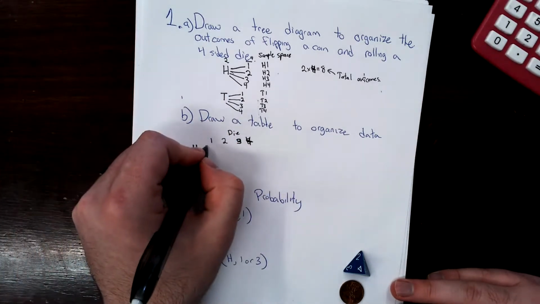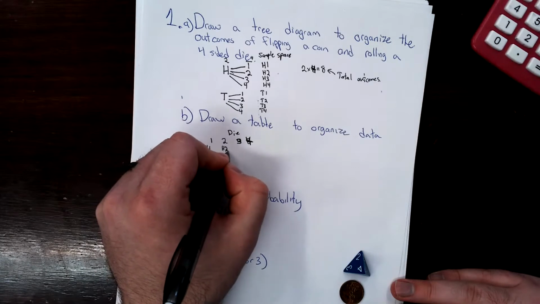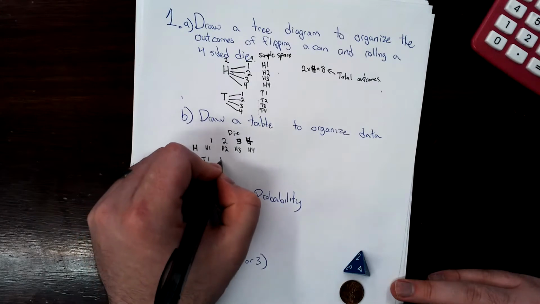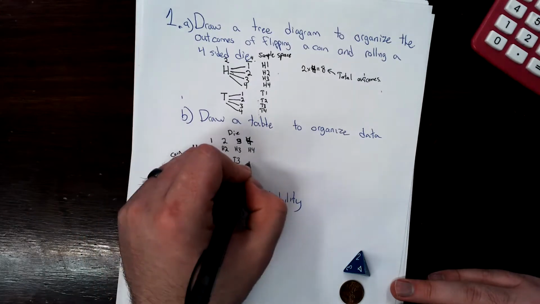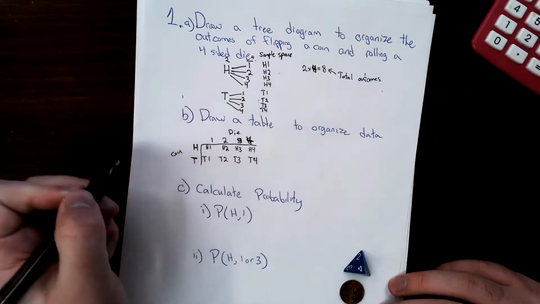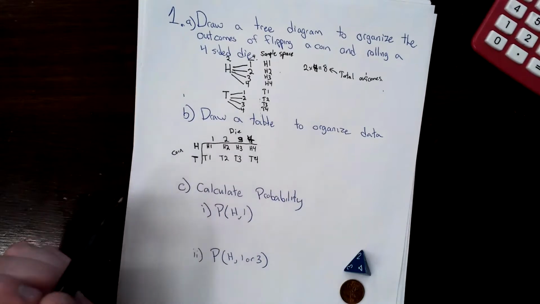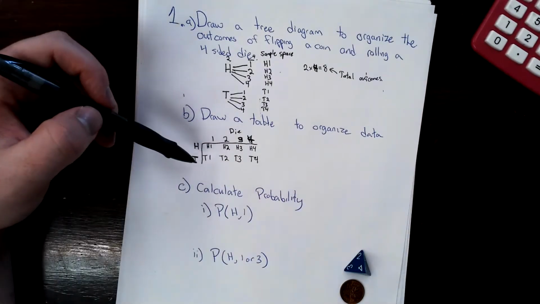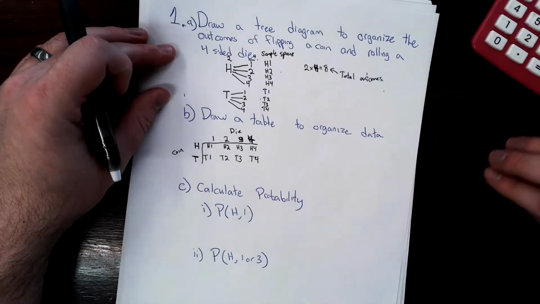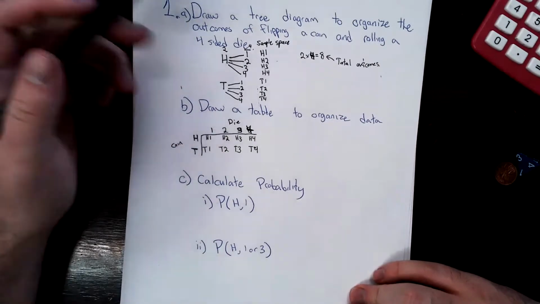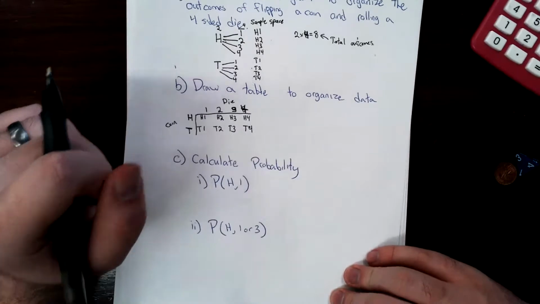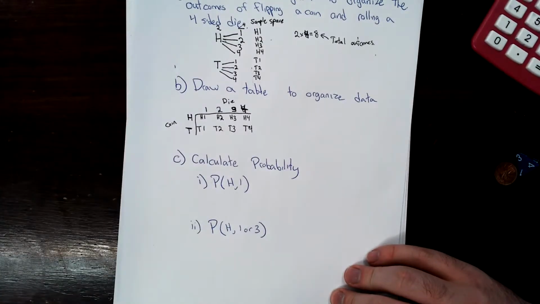So you could get a heads 1, heads 2, heads 3, heads 4, and a tails 1, tails 2, tails 3, tails 4. That will be our total amount of outcomes, where we have a coin and a die. So this is organizing in a table, and this is a tree diagram. Whichever way is best for you to solve is great. Sometimes we're going to get a way where we maybe do not have to draw these every time, later this week or next week.